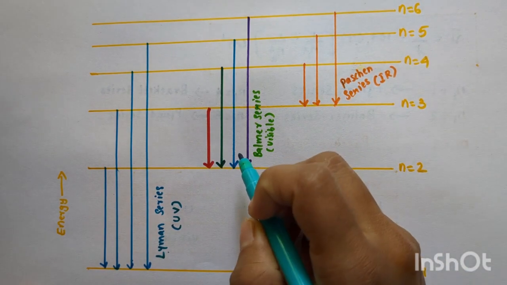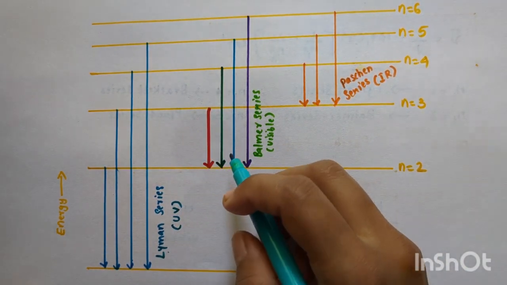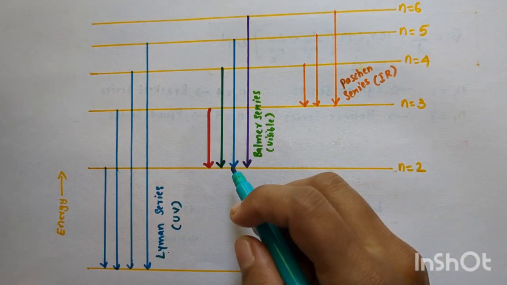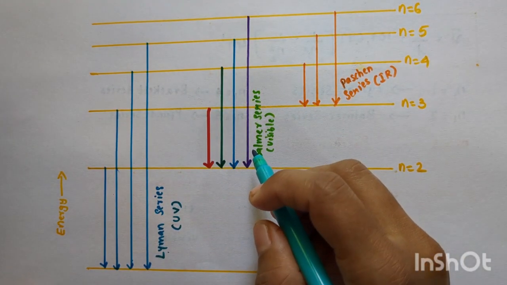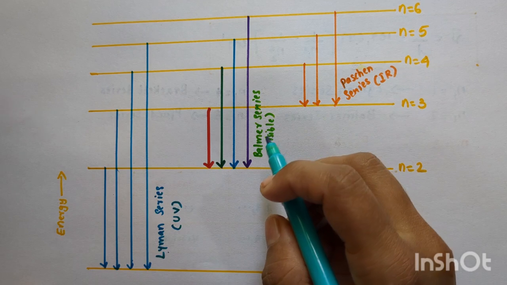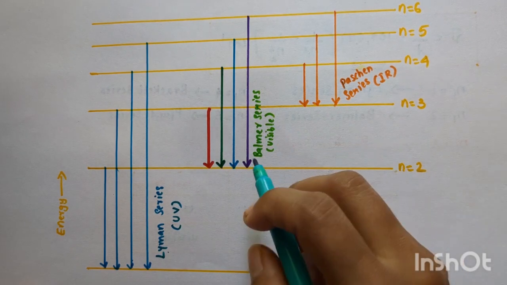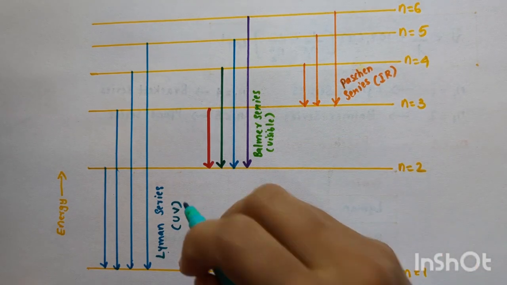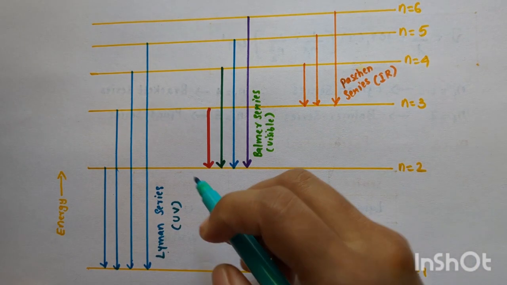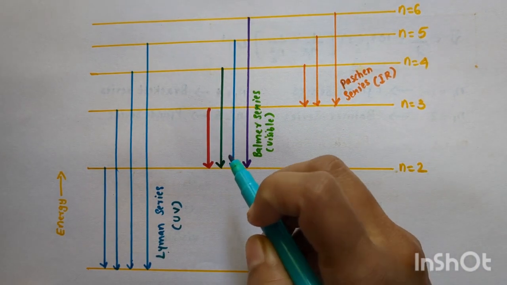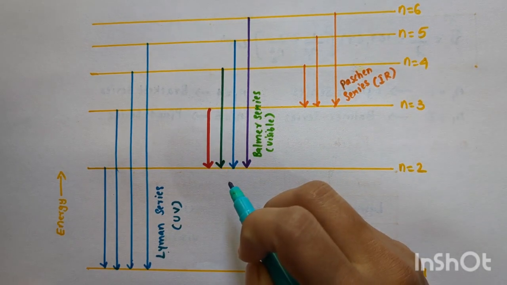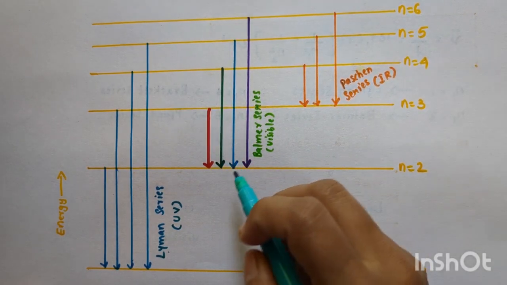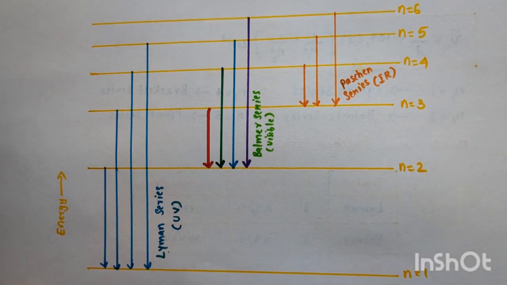That is, hydrogen has a unique line spectrum which other elements cannot have. If you consider the line spectrum of other elements, you will get a different one. There is a regularity in the line spectrum of each element.